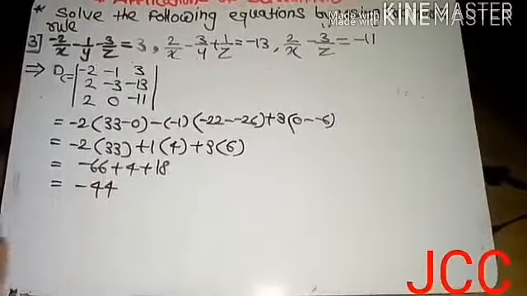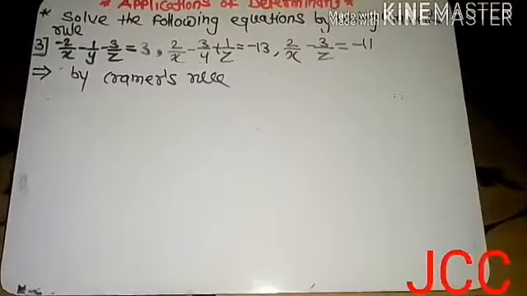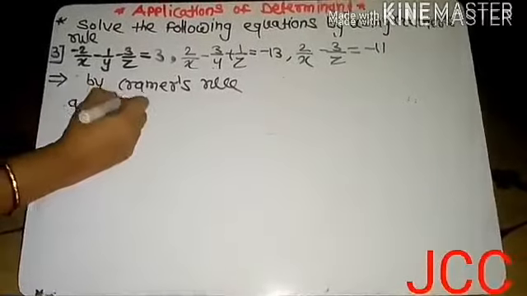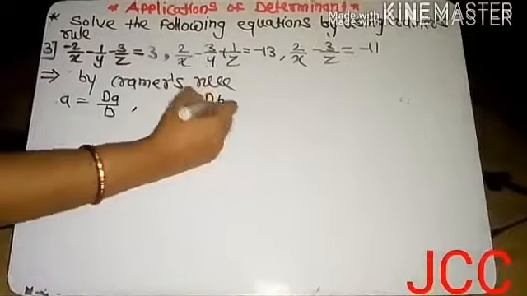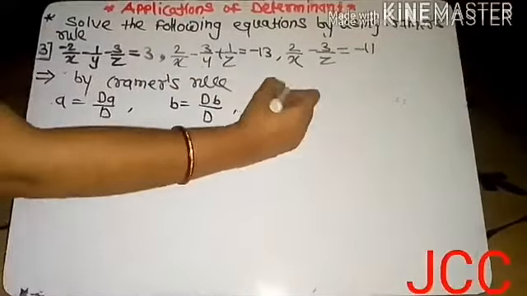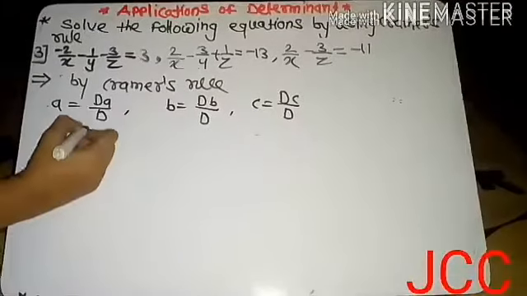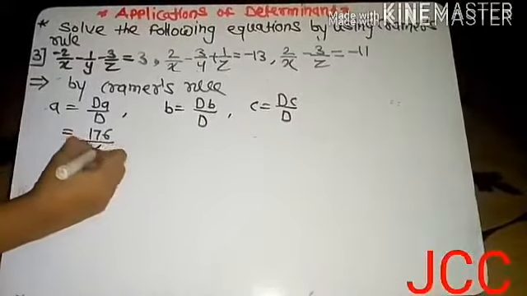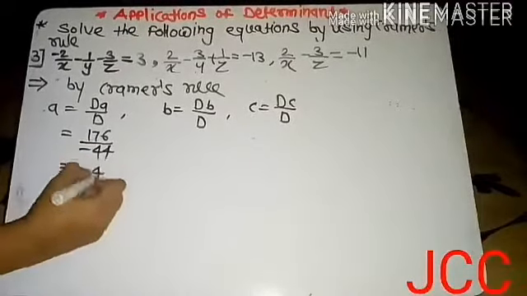Now by Cramer's rule, here we find D, DA, DB and DC. Therefore we get A, B and C. Then A equal to DA upon D, B equal to DB upon D, and C is equal to DC upon D. The value of DA is 176, the value of D is minus 44, that is equal to the value of A is minus 4.